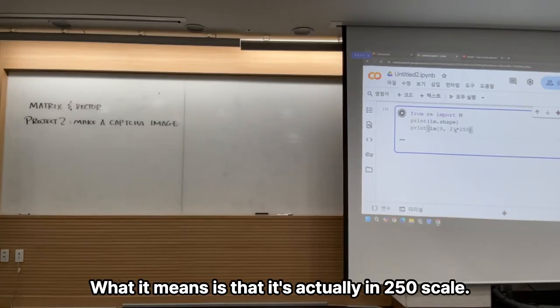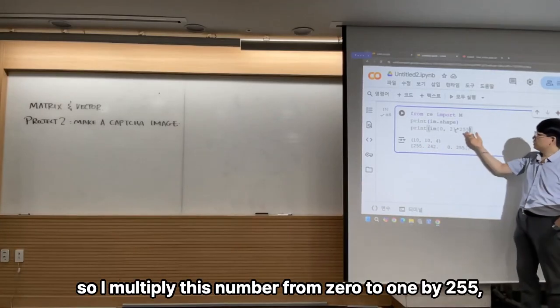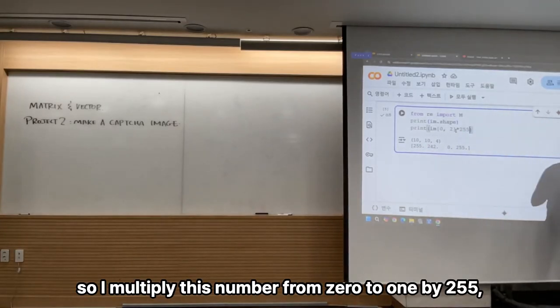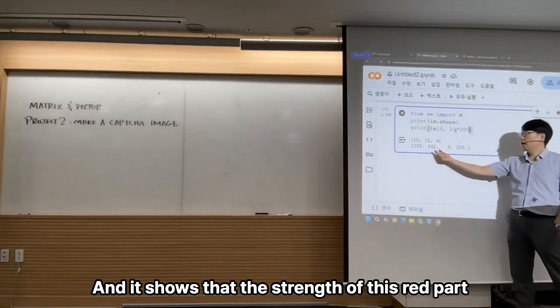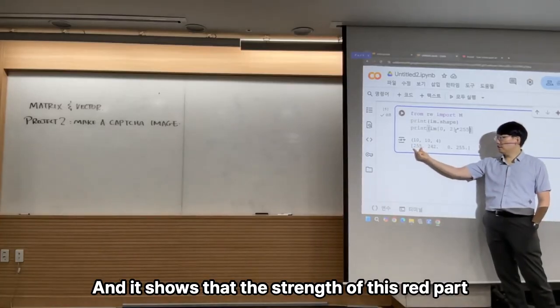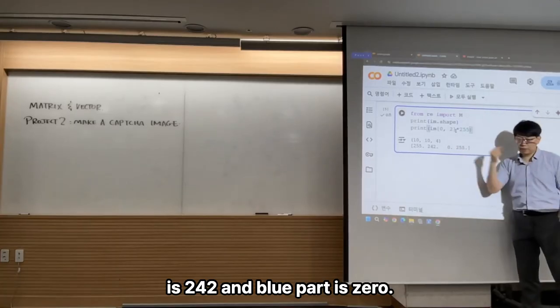What it means is that it's actually on a 255 scale. So if you see it this way, it actually is an integer. I multiply this number from 0 to 1 by 255, which means that the maximum number is only 255. And it shows that the strength of this red part is 255, and the green part is 242, and the blue part is 0.